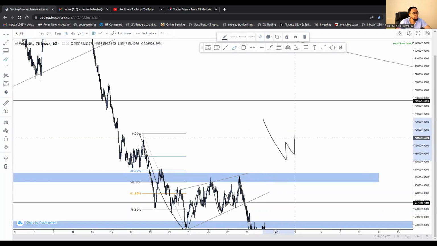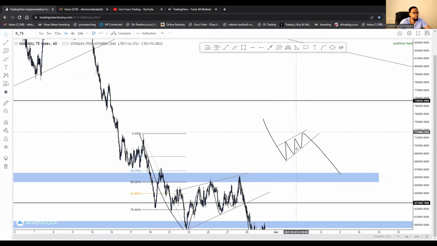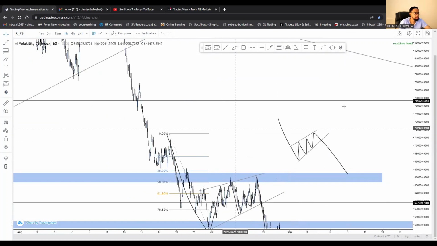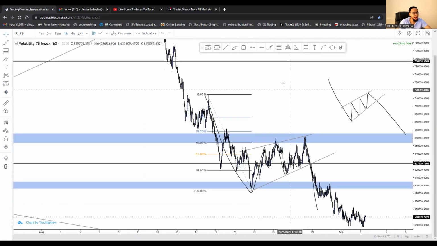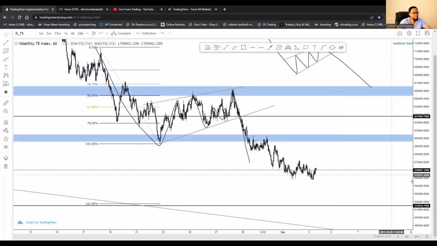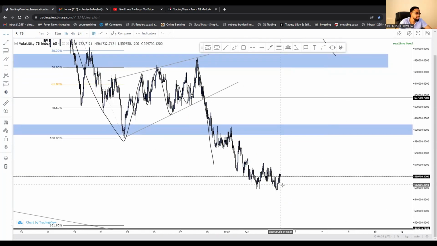Impulse, correction, impulse. So we have something looking like this. Impulse, correction, impulse. So guys, make sure you understand what is really happening here. So even now we have impulse, correction, impulse.